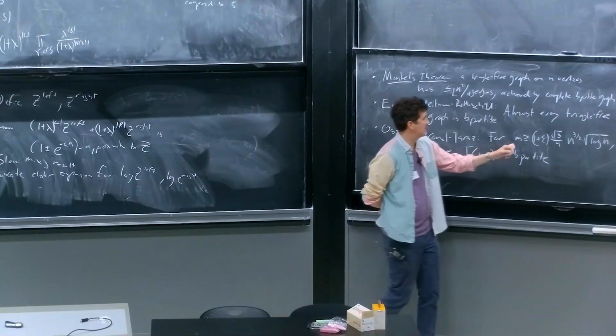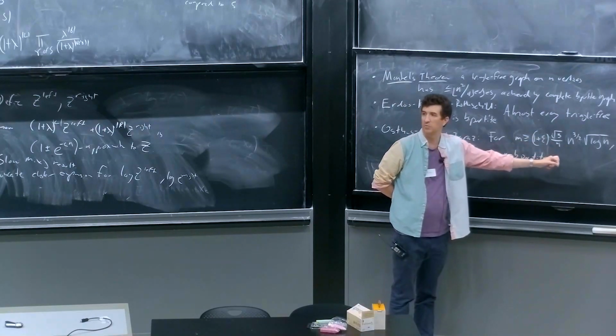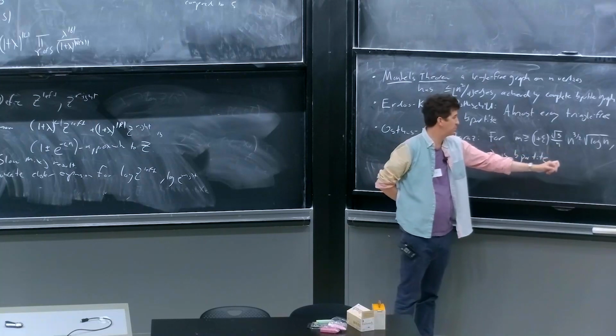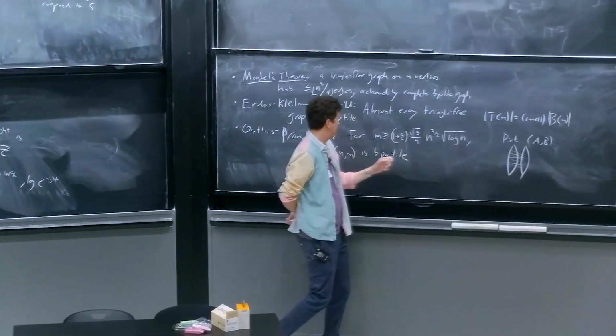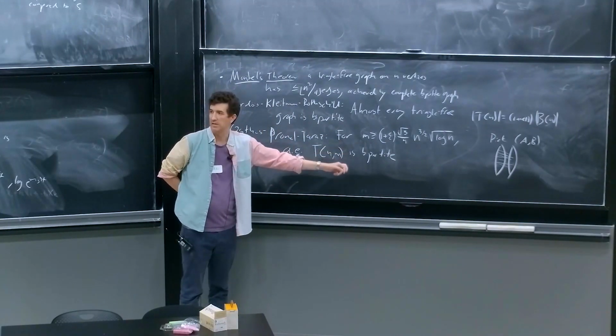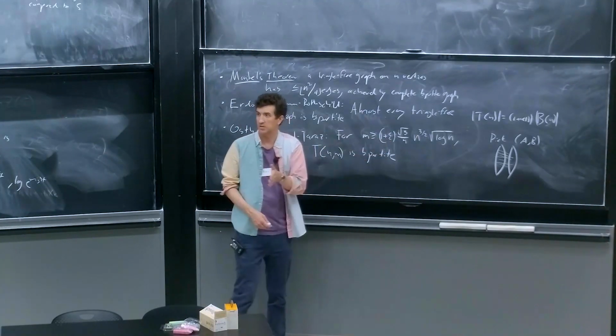If the number of edges is greater than (1 plus epsilon) times some constant, root 3 over 4 (by the end of the lecture, you'll know what root 3 over 4 is), times n to the 3/2 root log n, then almost every triangle-free graph with n vertices and m edges is bipartite. And if you do 1 minus epsilon, this is false. So this is a sharp threshold.